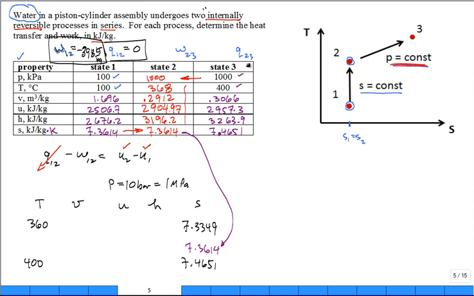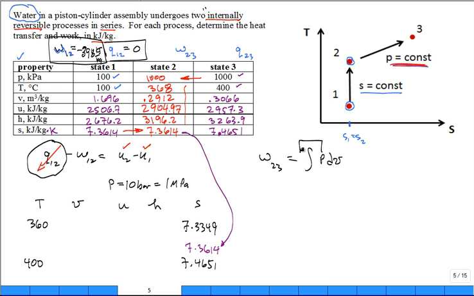And how did we find that Q was equal to 0? From the definition of entropy, the integral of TdS is Q. Here, go back to the definition of mechanical work, the integral of PdV is work. So work 2 to 3 is the integral of P dv, with a lowercase specific volume, that's right.